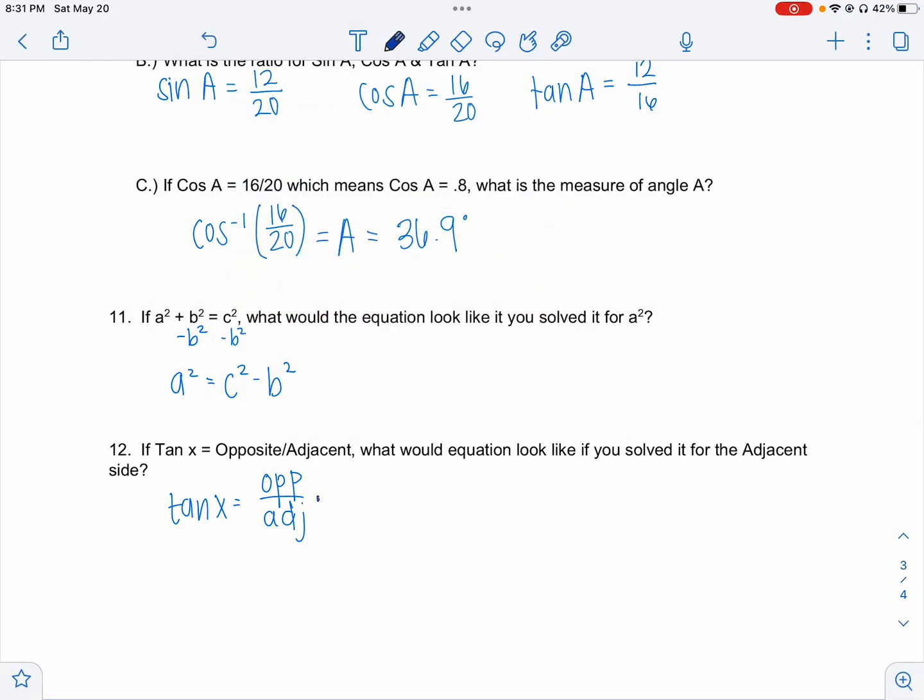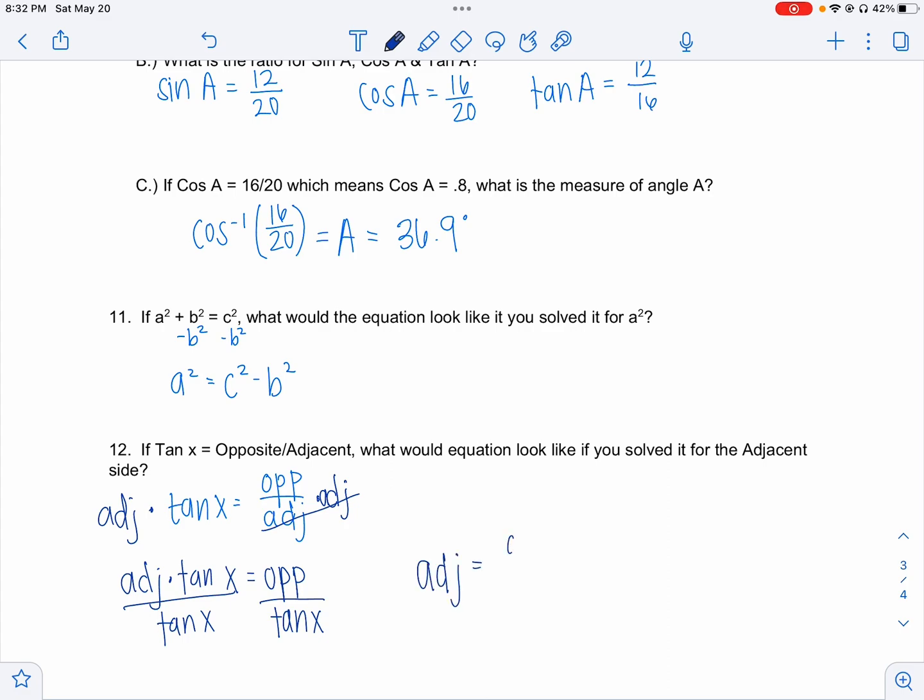Well, we're going to first get the adjacent out of the denominator. That means we have adjacent times tangent of x is equal to opposite. Divide by tangent of x on both sides. That means we have adjacent equals opposite divided by the tangent of x.